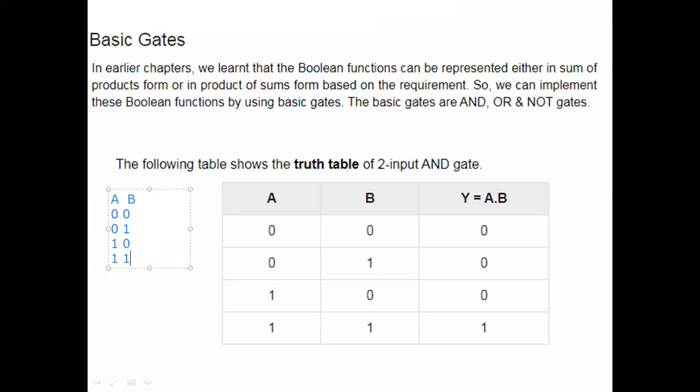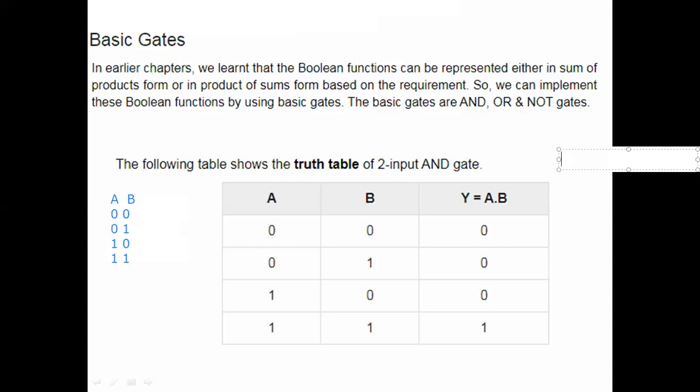Suppose you have 3 inputs, A, B, C. How many combinations do we get? 2 cubed combinations. 2 cubed is 8, so we get 8 combinations.